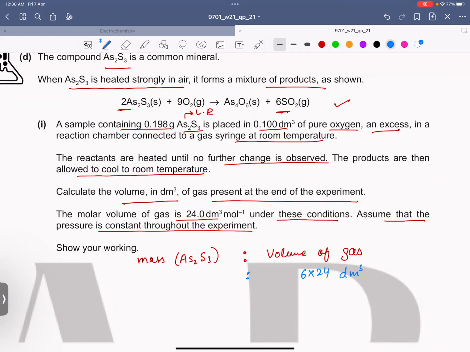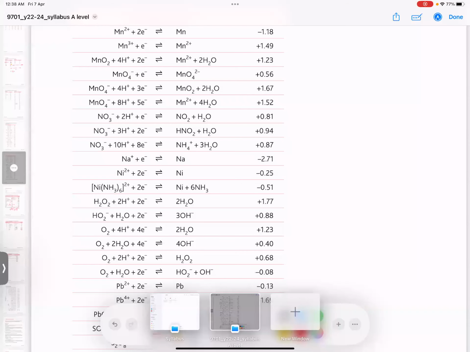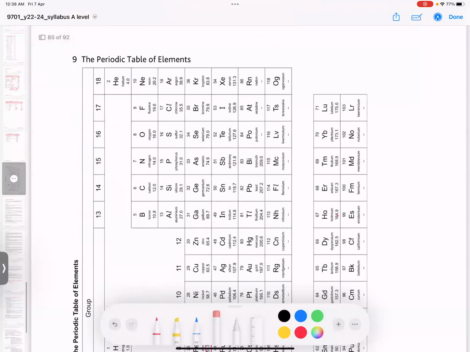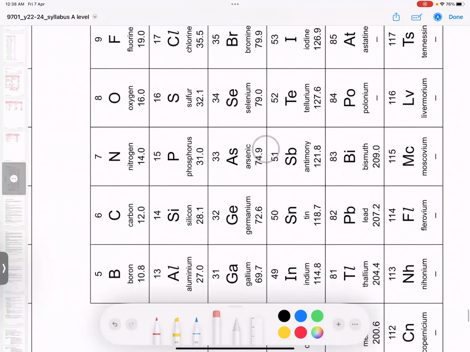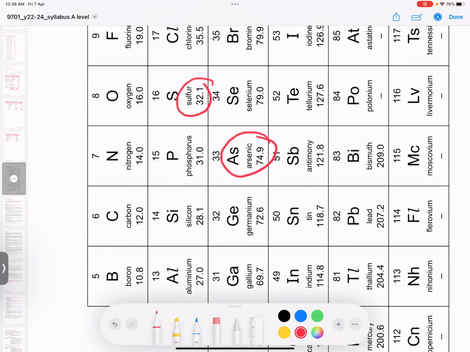Now, for arsenic sulfide we have to look at the periodic table for its mass. Arsenic is 74.9 and sulfur is 32.1.